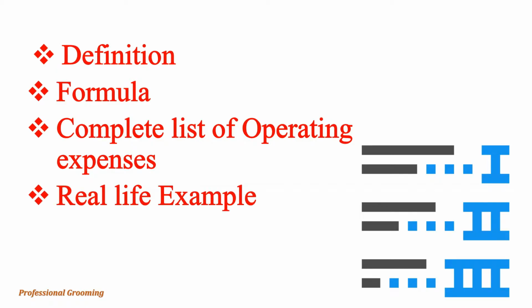Next, I will show you a real-time example which will help you see where we need to mention our operating expenses, because these expenses are recorded in the income statement of the company, and it will help in assessing the profitability of the company for a specific period of time.